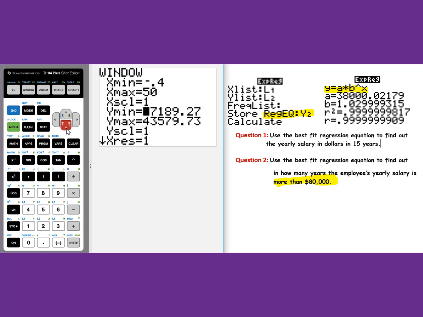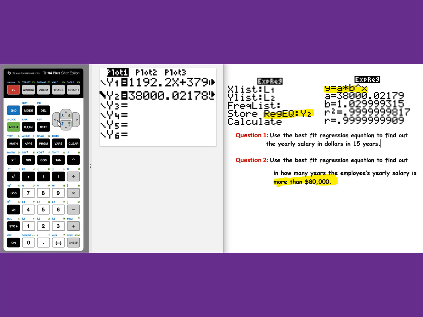For the minimum Y, you don't worry, and for the maximum, we need more than 80,000. So I will do 85,000. Then for Y1, I clear. I don't need the Y1, we already know the Y2. I will put in Y1, that's 80,000.